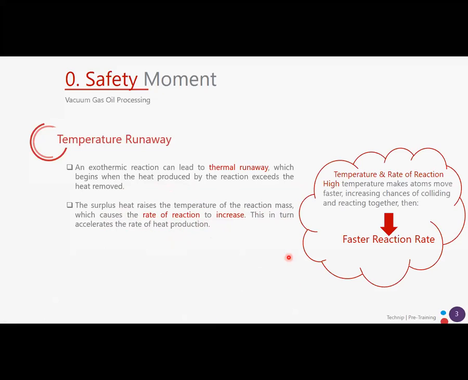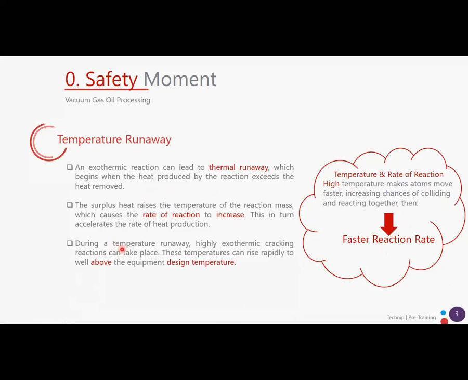As you know, the rate of reactions gets faster if you increase the temperature. So that is the phenomenon that is explained here. If you cannot remove the heat produced by the reaction, you will increase the reaction rate.